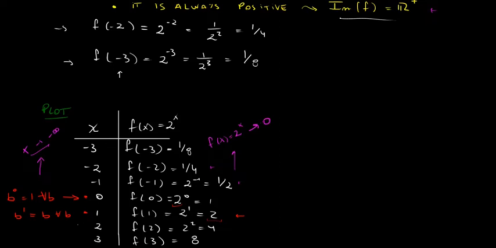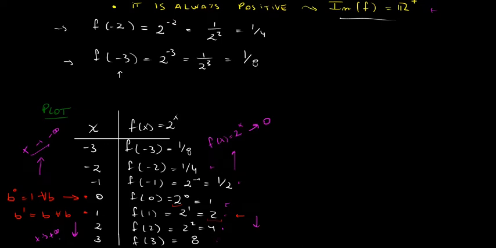In a similar fashion, when we go in this direction, so when x goes towards positive infinity, when we take bigger and bigger numbers of x, let's see what happens to f of x. Well, in 0 it's 1, in 1 it's 2, in 2 it's 4, in 3 it's 8, it's becoming bigger and bigger every time.